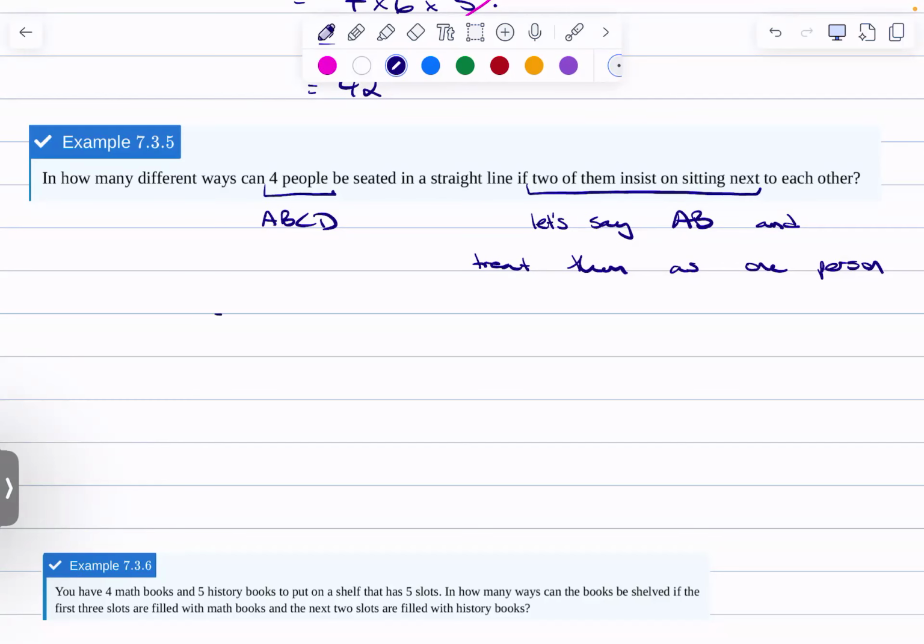And so now I have seat number 1, number 2, and number 3. So here I have 3 things to choose from. 1, 2, 3. Treating them as one thing. Then I have 2 choices, and then I have 1.